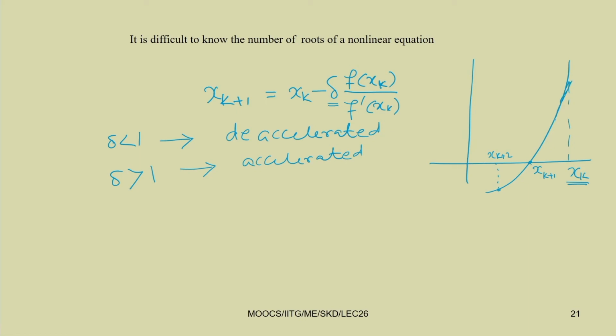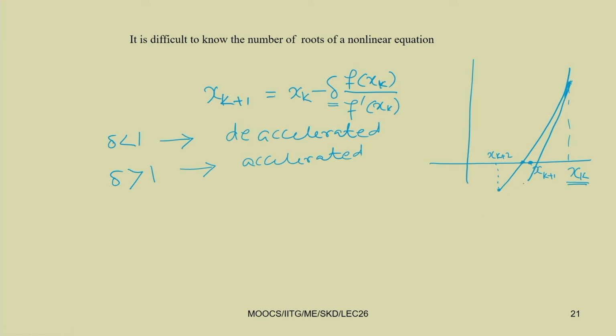The slope is drawn here, and we get the point by drawing the slope at this point. This is k plus 1. This is the root.